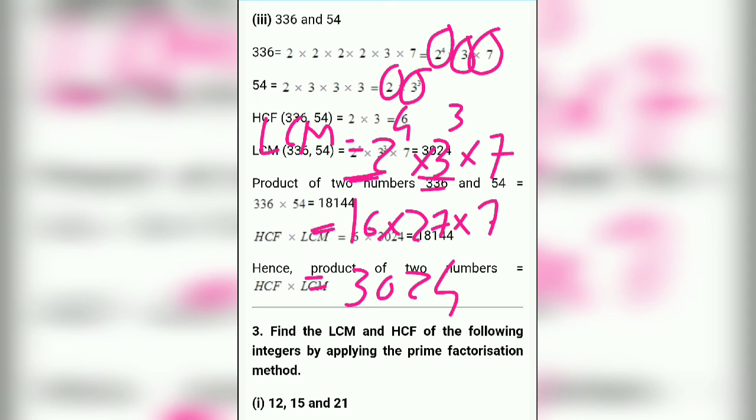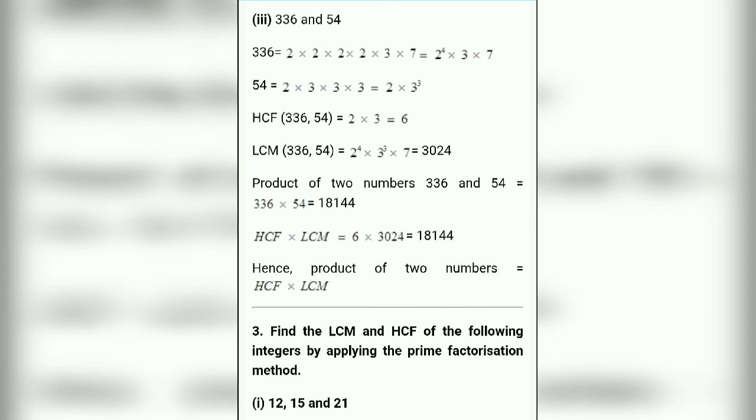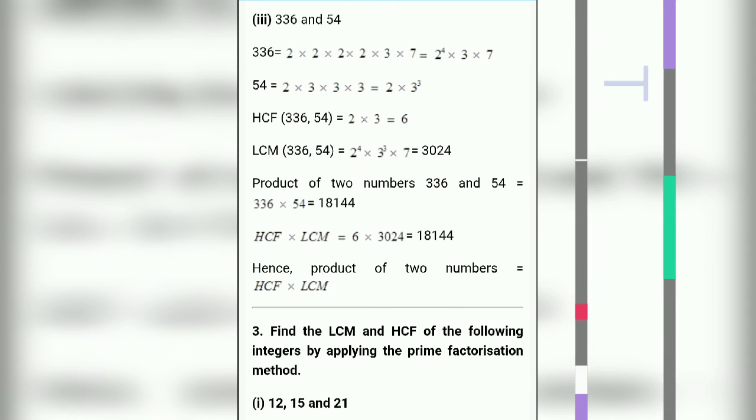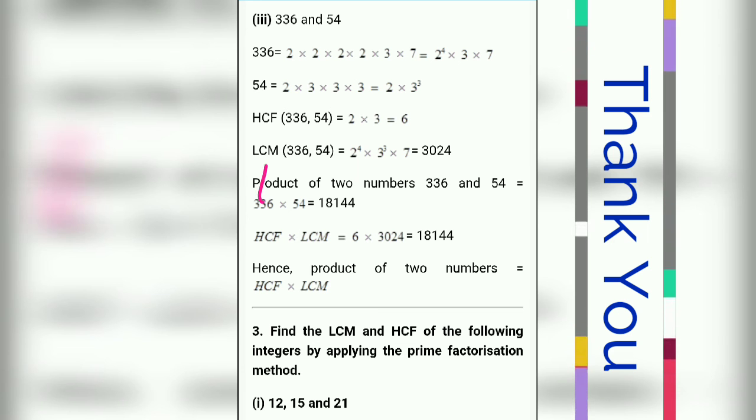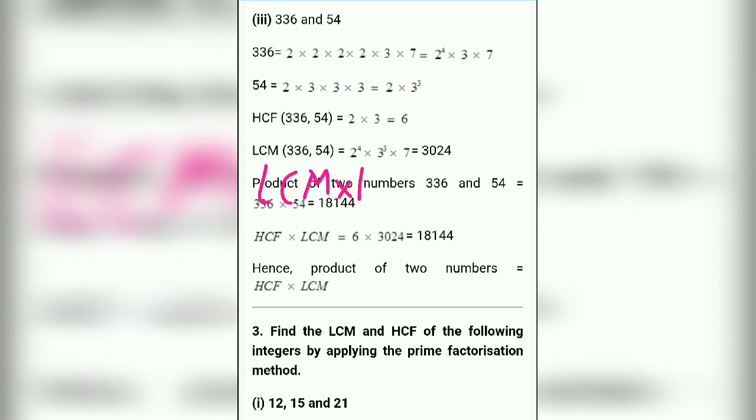So now our LCM and SCF are ready, right? Now we need to check our formula: LCM multiply SCF. LCM is 3024 and SCF is 6.